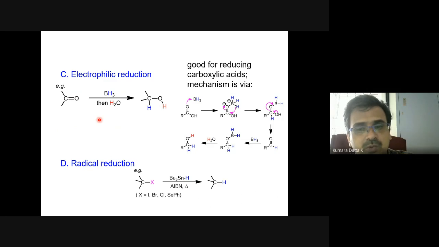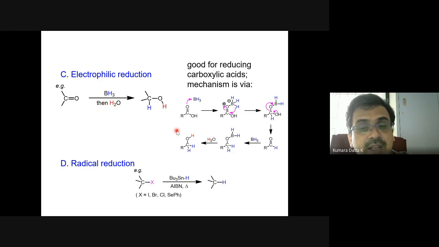Next, we can have electrophilic reduction reactions, where we can use, for example, borane followed by water.